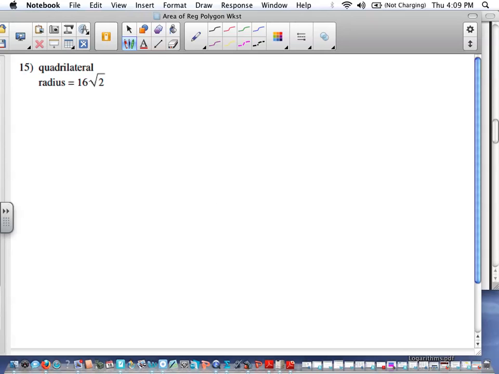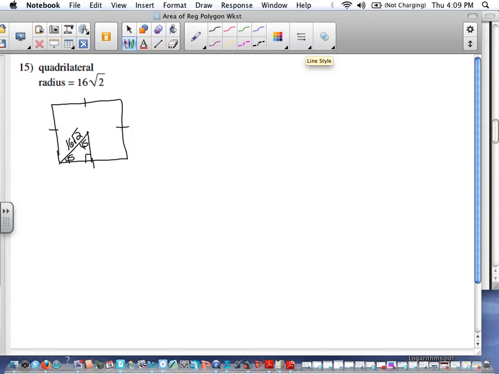Number 15, you have a quadrilateral with a radius of 16 square root of 2. If it's a regular quadrilateral, that means it's a square. So that means the radius is 16 root 2. This would be a 45, 45, 90.